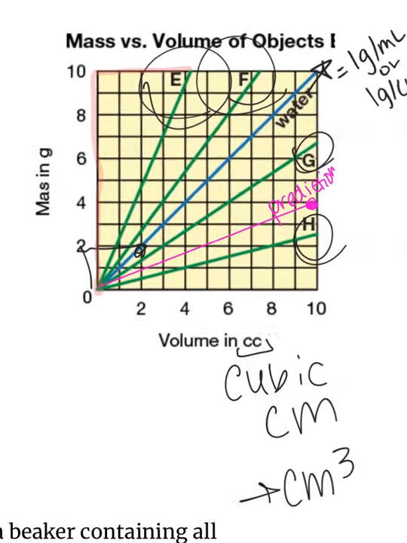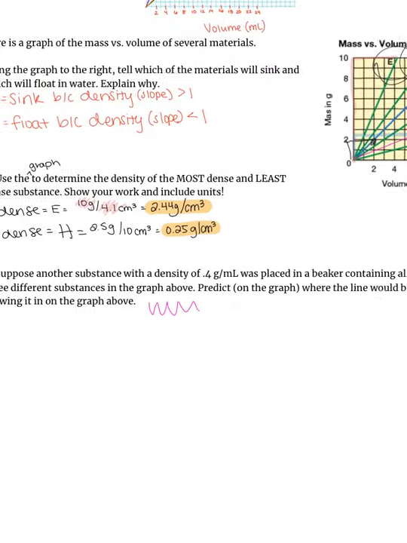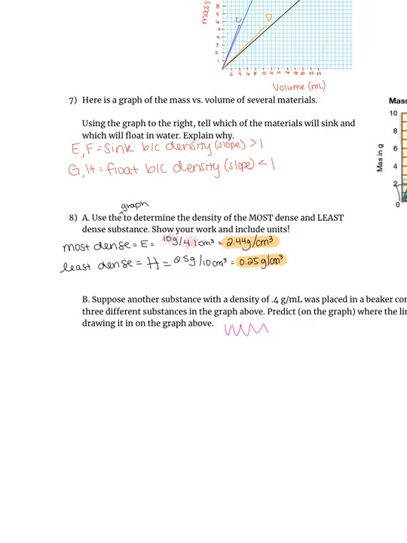If I do my least dense one, that would be H. I rose to about 2.5 and I ran 10. You're just doing rise over run, nothing new from what you have learned in prior years from math class. So I rose 2.5 and I ran 10, so I got an approximated value of 0.25 grams per centimeter cubed.